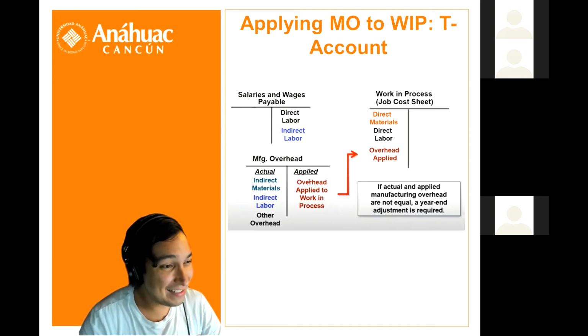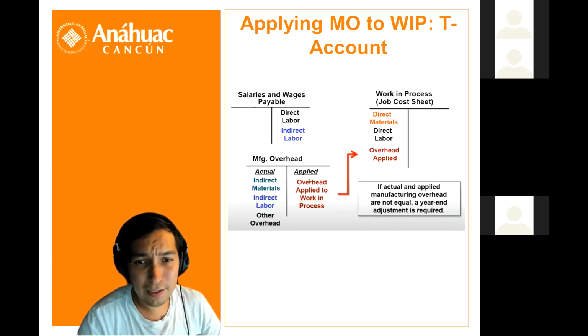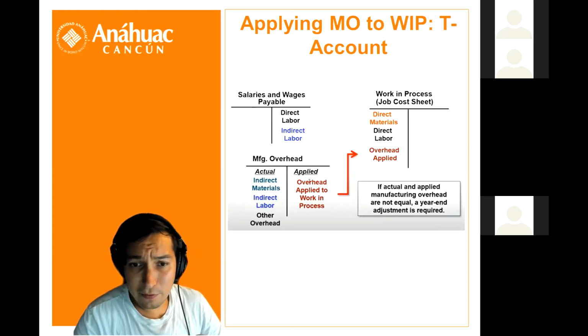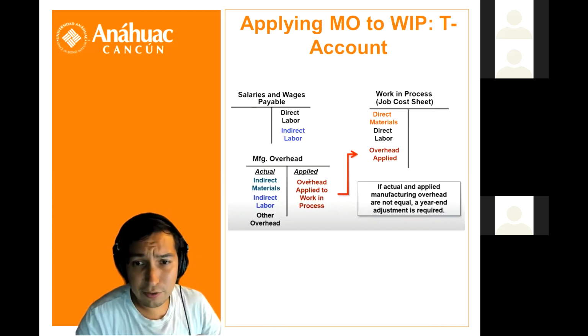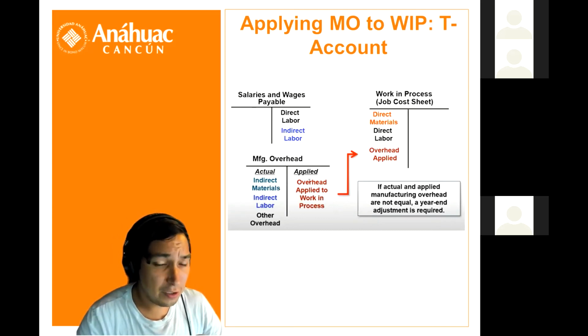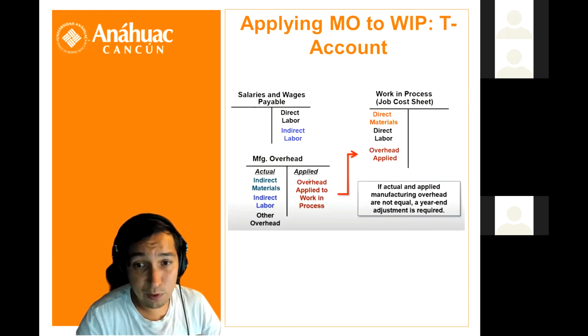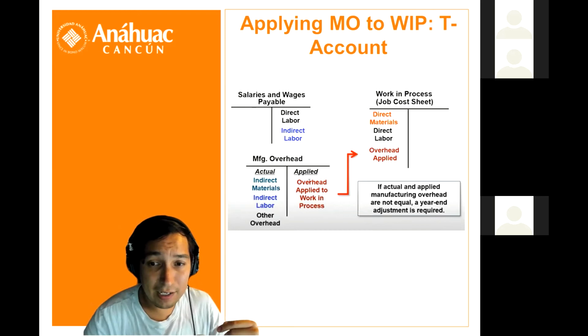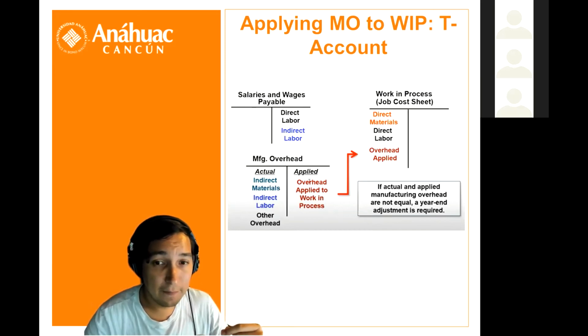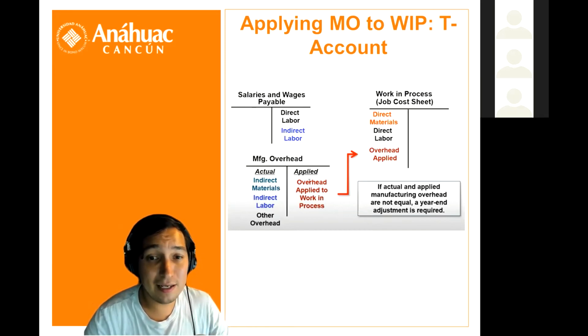If you have a balance in salaries payable, you probably didn't pay somebody, right? So if applied and actual manufacturing overhead are not equal at the end of the year, an adjustment is required. And newsflash, they will almost never be equal. Remember, we are applying MO based on the POR, and the POR is computed by taking an estimate divided by an estimate.